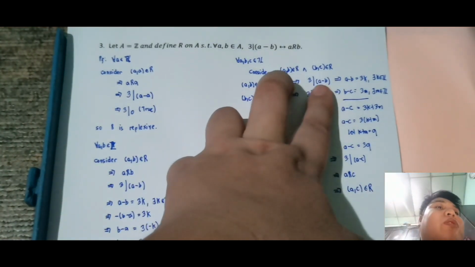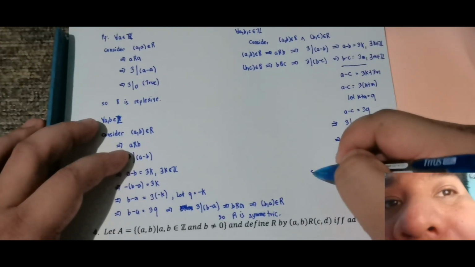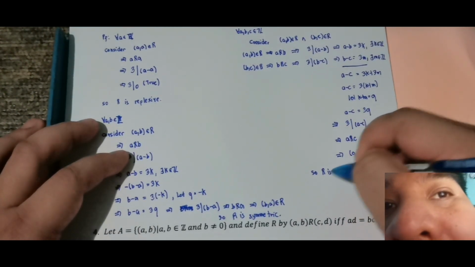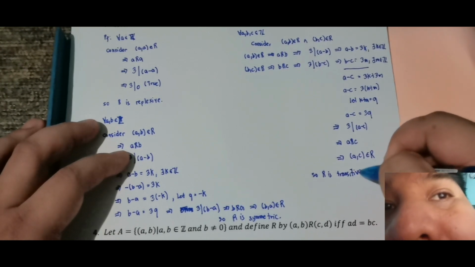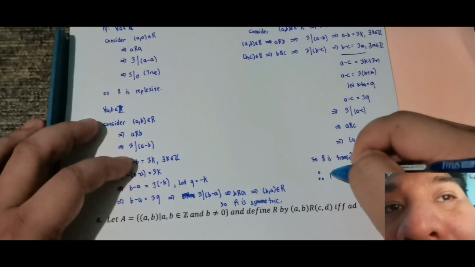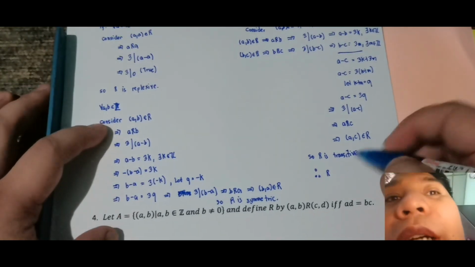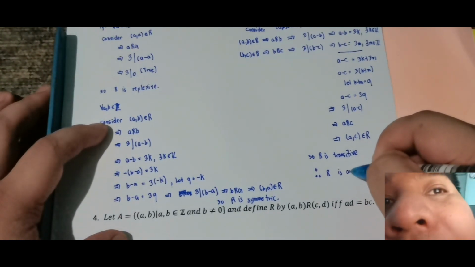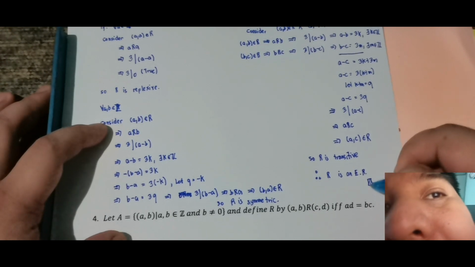Ang goal natin, i-assume ko itong dalawa, ma-prove ko na A, C is an element of R. So, R is transitive. Since R is reflexive, symmetric, and transitive, therefore, R is an equivalence relation. Okay, and this is done.